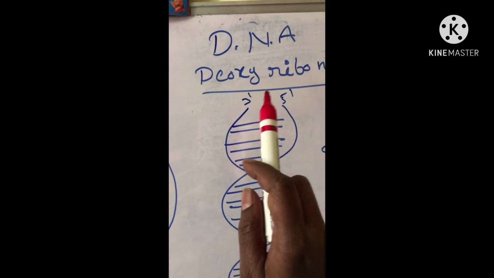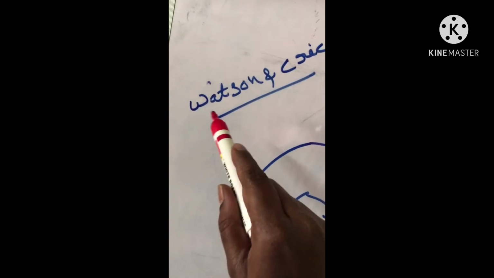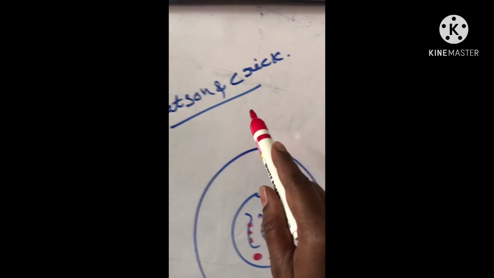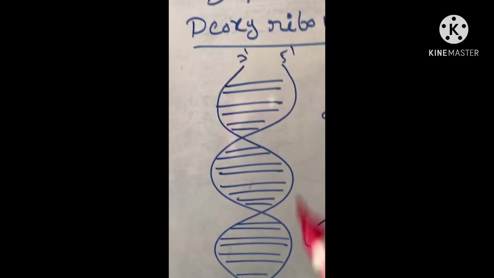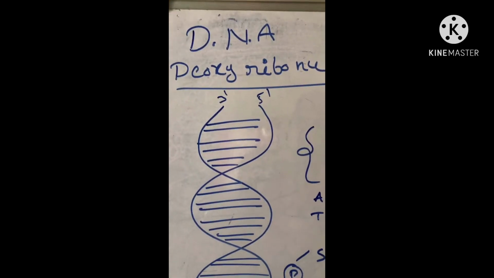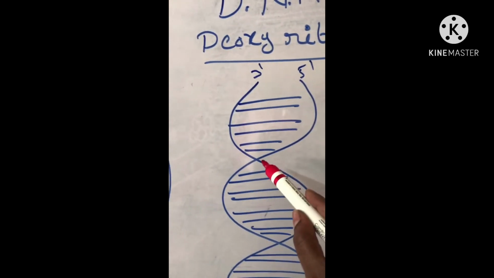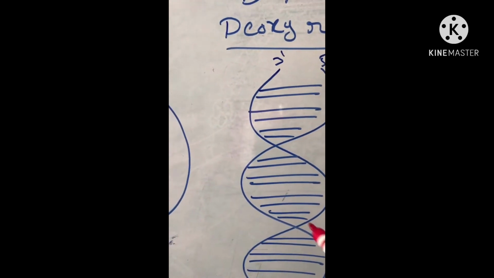First of all, the structure of the DNA is explained by Watson and Crick. These both scientists explain the double helical structure of the DNA. DNA has the double helical structure, which means two spirally arranged filaments are opposite.